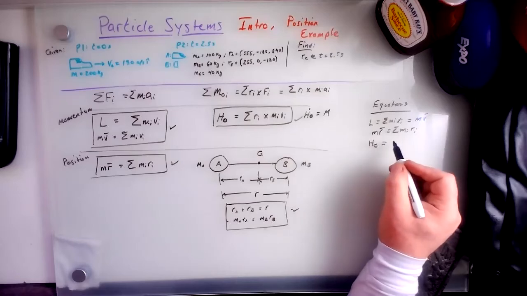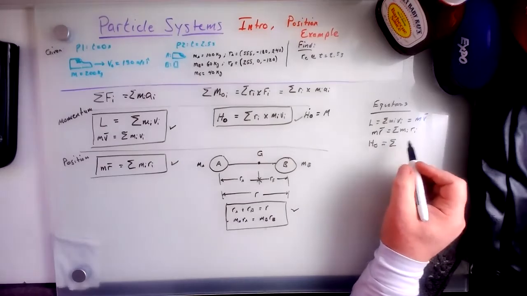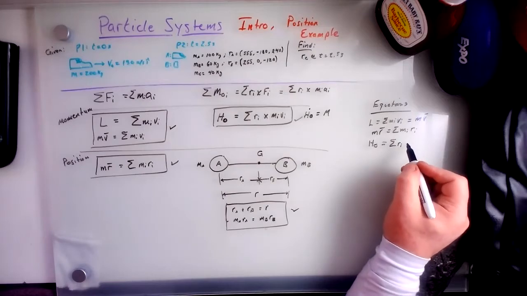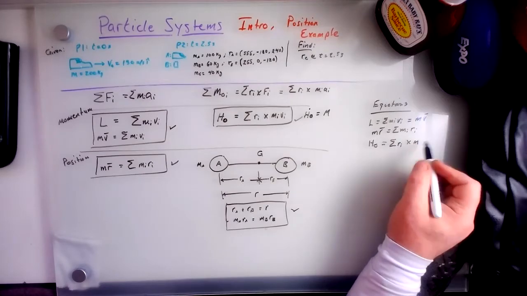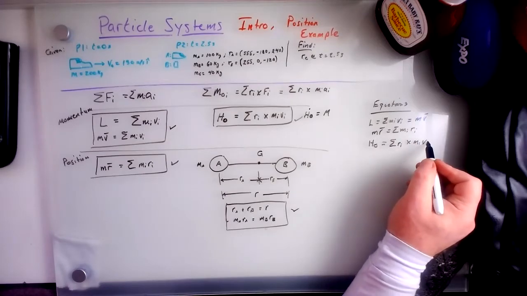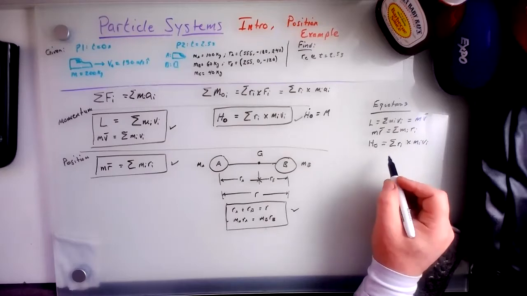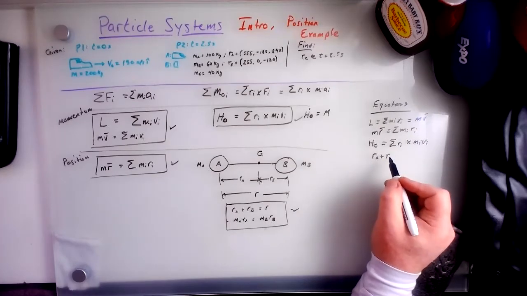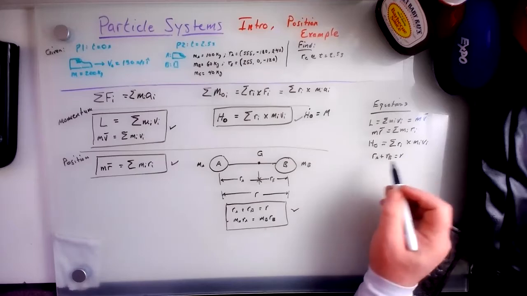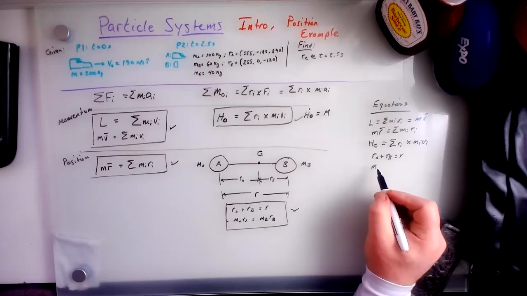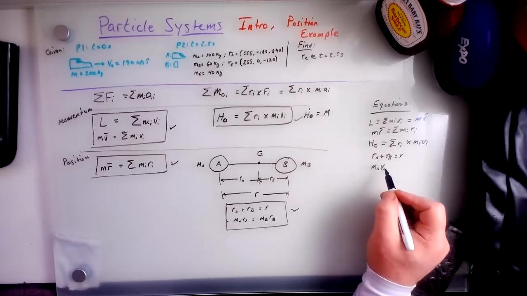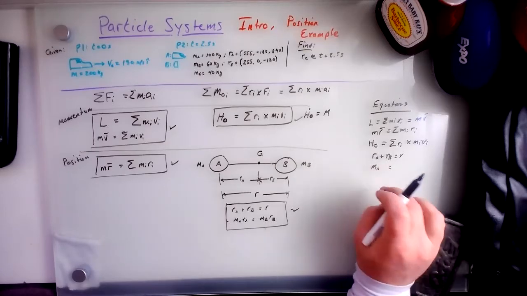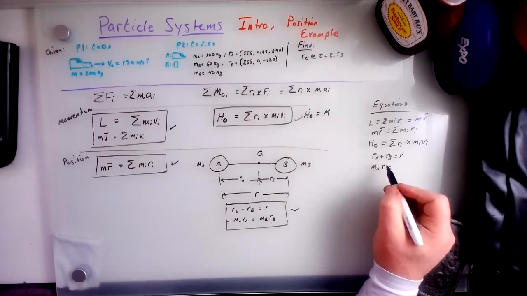The angular momentum is the sum of r cross m_i v_i, and r_A plus r_B equals r, and m_A v_A equals, that's not v, that is an r.